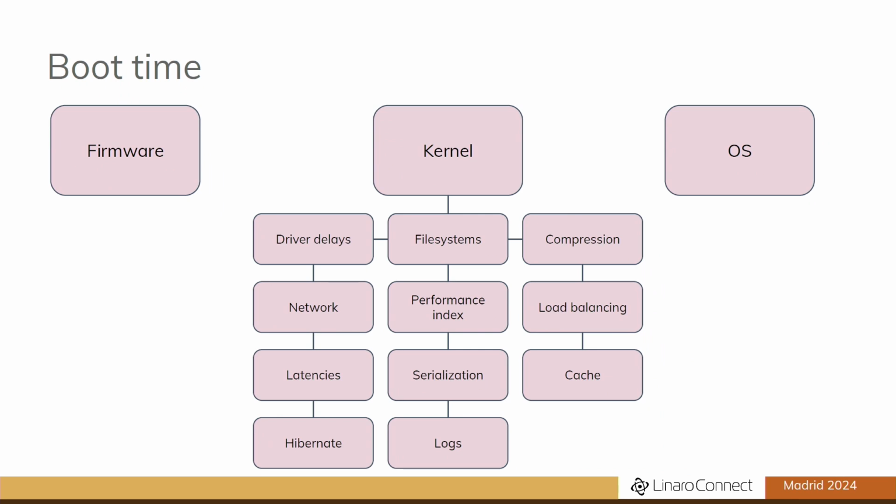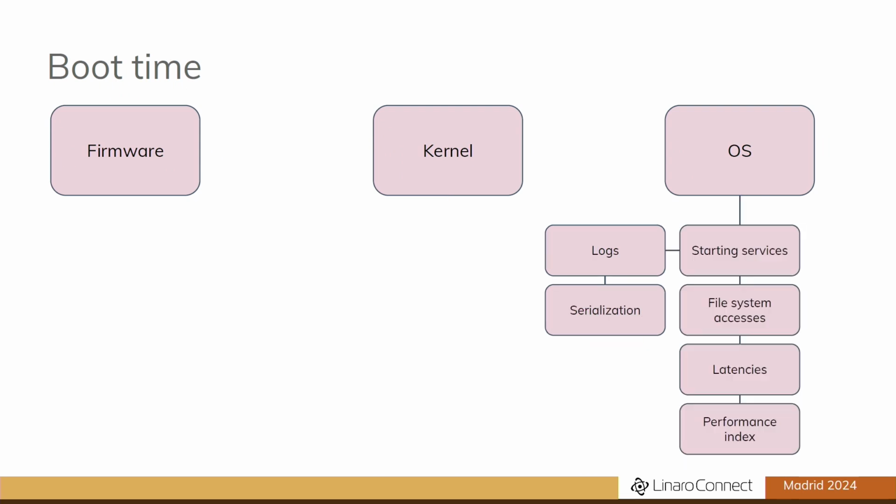But we can find parts of the kernel where things are done serially, so it introduces bottlenecks in the initialization path. You can also have load balancing that is not correct. Compression of the image is one example. So those are all the areas of improvement you have in boot time.